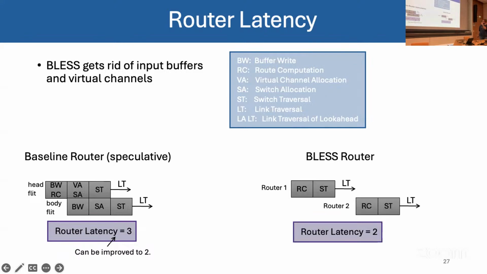Then when we look at BLAST, we basically can get rid of most of those stages. We only have to do the route computation, the arbitration, and then the switch traversal. So this means that the router latency is only 2 cycles, but we can also improve that latency to 1 cycle by using forwarding techniques again. We are sending the routing information 1 cycle ahead of the flit, and then the route computation can already be done.